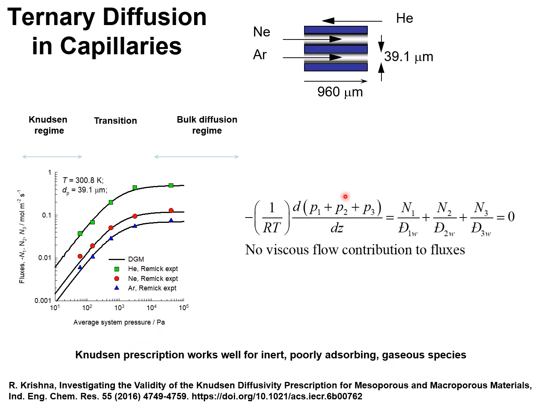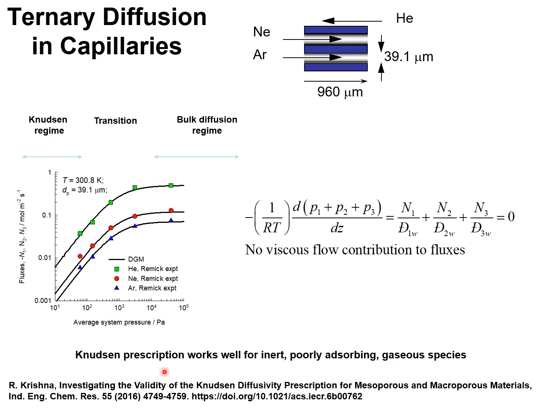In view of the fact that the total pressure gradient is 0, we have this expression from the previous slides where D1W, D2W, and D3W are the Knudsen diffusivities of components 1, 2, and 3. The calculations of the dusty gas model are shown by the continuous solid lines, and these are in excellent agreement with the experimental data.